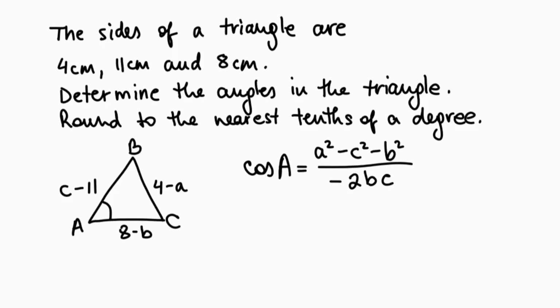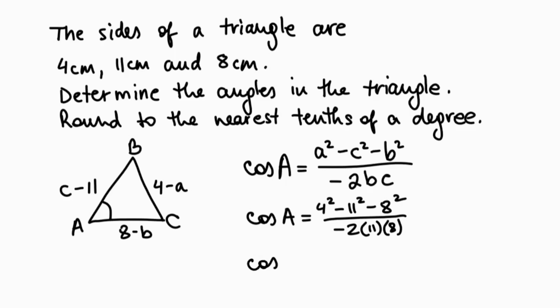Now we're substituting the values. Cos A is equal to 4 squared subtract 11 squared subtract 8 squared over negative 2 times 11 times 8. The order doesn't matter when it's multiplication. All right, let's evaluate this.